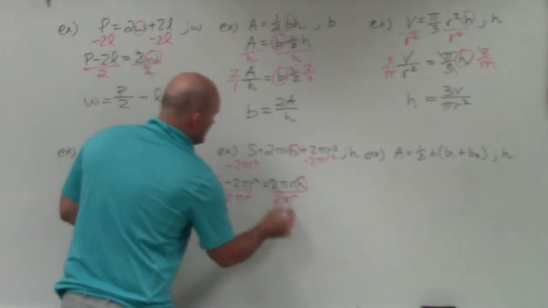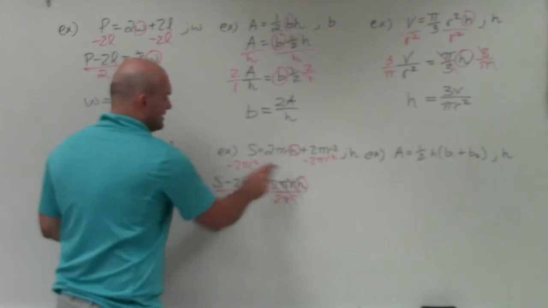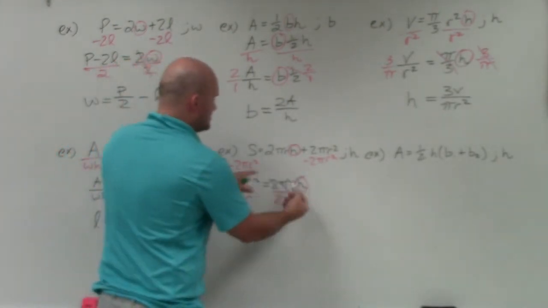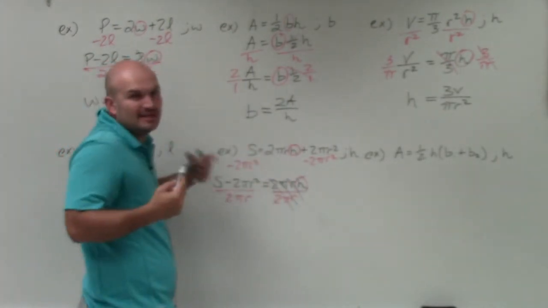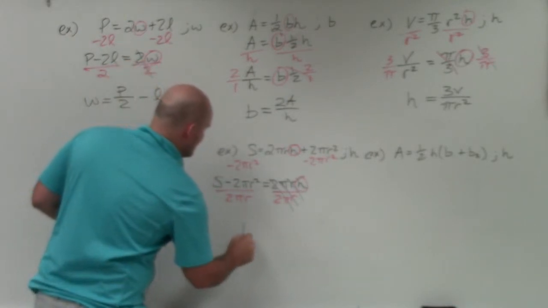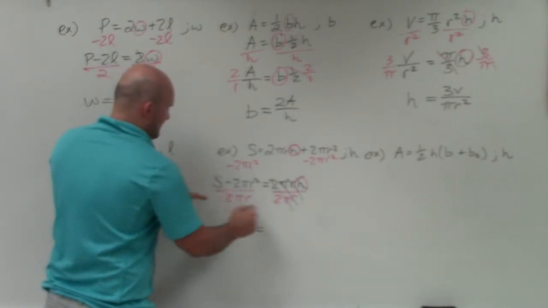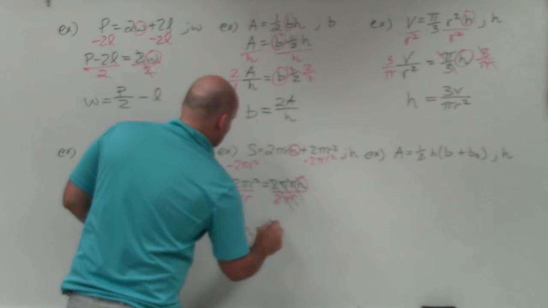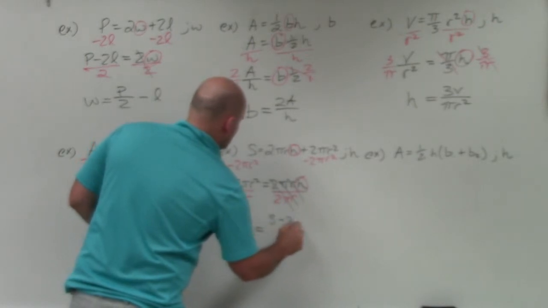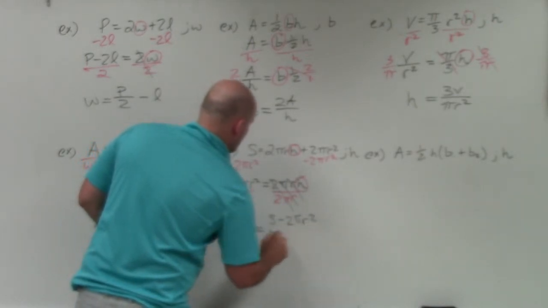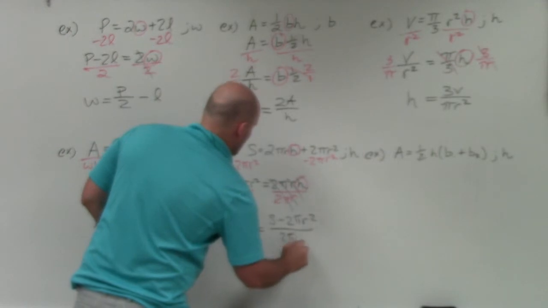Those all divide to 1, leaving me just with h. Now I'm going to flip the equation again, because I like to read my isolated variable on the left-hand side. h equals everything over here: s minus 2 pi r squared divided by 2 pi r.